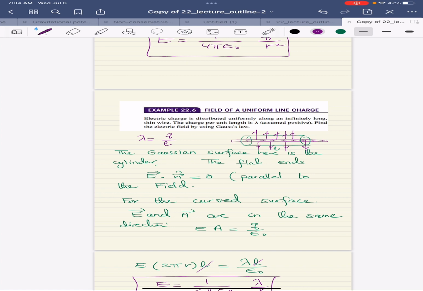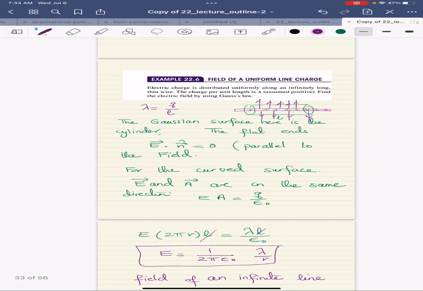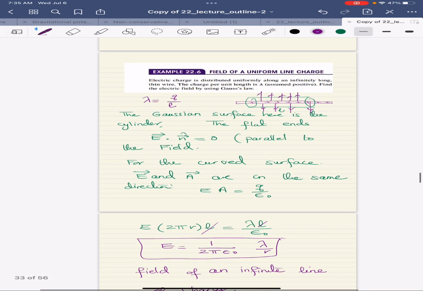For the curved surface, E and A are in the same direction, and therefore it's going to be EA cosine 0, which is 1, equals Q over epsilon 0. Now, if you look at this rounded surface, it's kind of a rectangular sheet, where this is L, and here is the circumference of the circle.